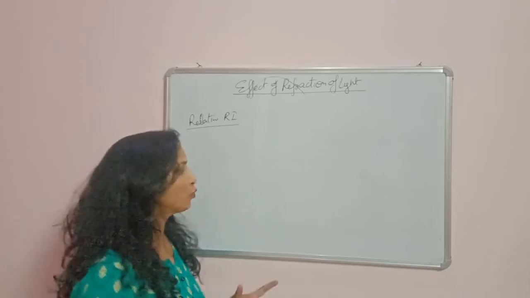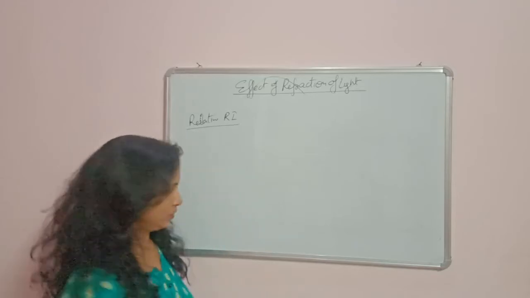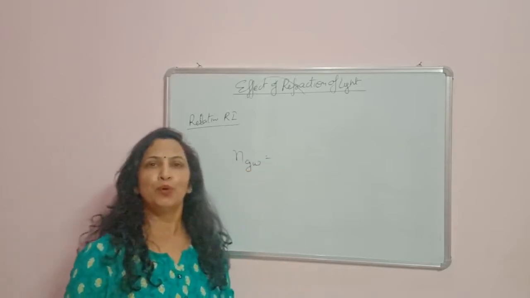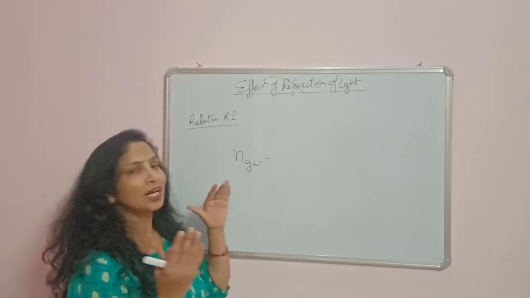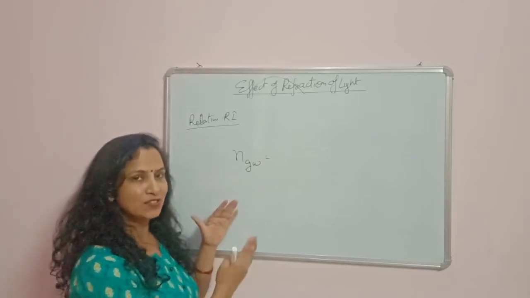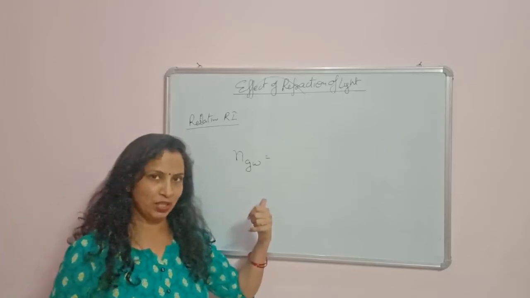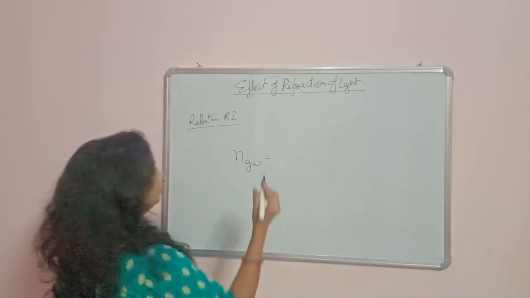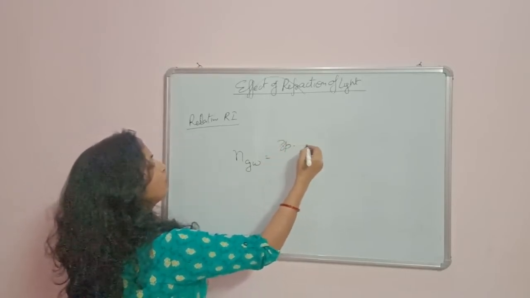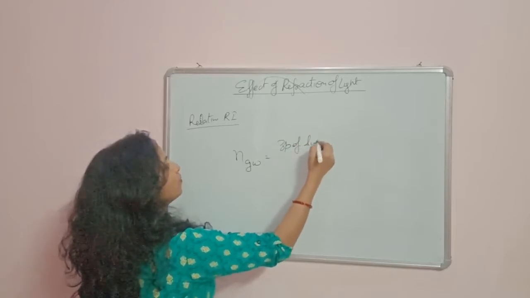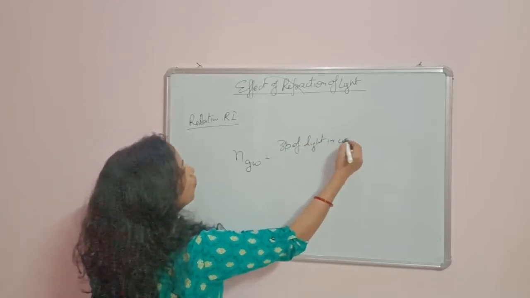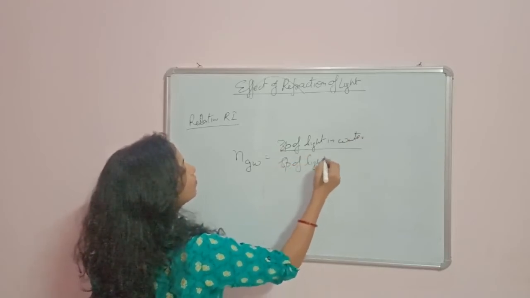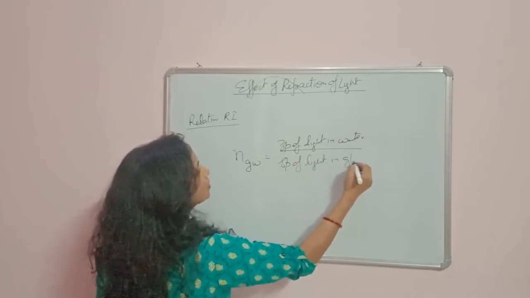refractive index. Suppose you are going to find the refractive index of glass with respect to water. In this case, for both media, you are comparing the speed of light in glass with respect to water, not with air or vacuum. So this type is called the relative refractive index. It will be equal to the speed of light in water upon the speed of light in glass.